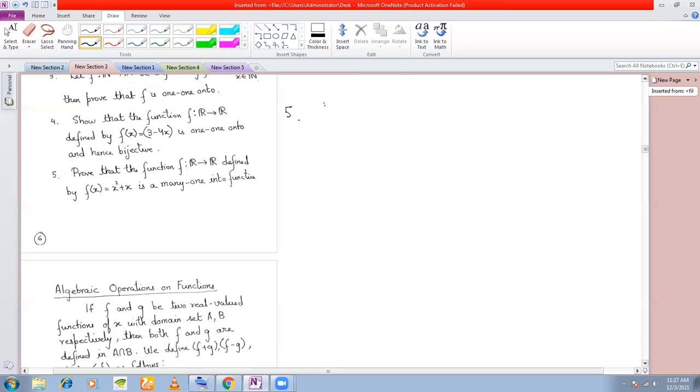So here f: R to R is defined by f(x) = x squared plus x. First, we shall show that this is not 1 to 1. How do you show?